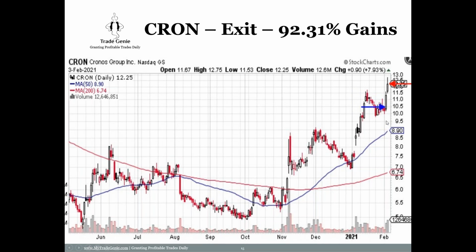The next day when it went up, we closed the option. When the stock moves from 10.50 to 12.50, 12.25, it's a $2 move. A $2 move for a $10 stock is about 18-20%. So a 20% move in one day gives you a 92% gain in the options.